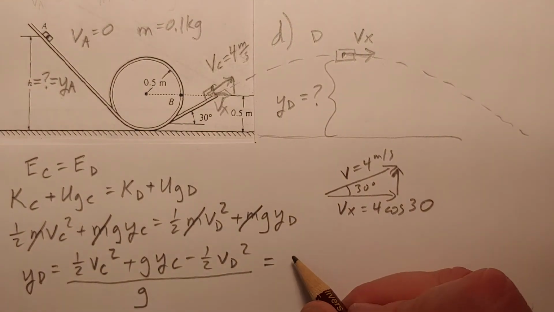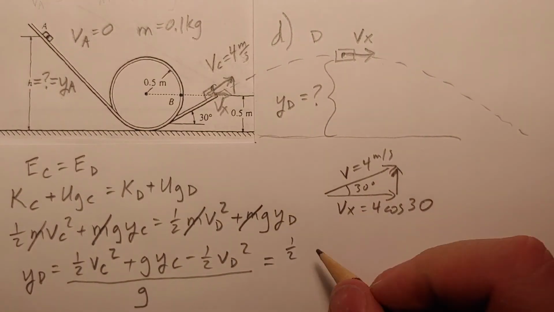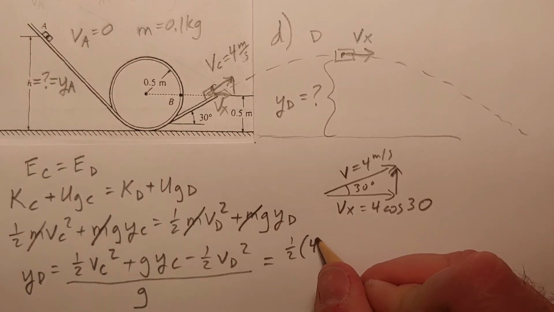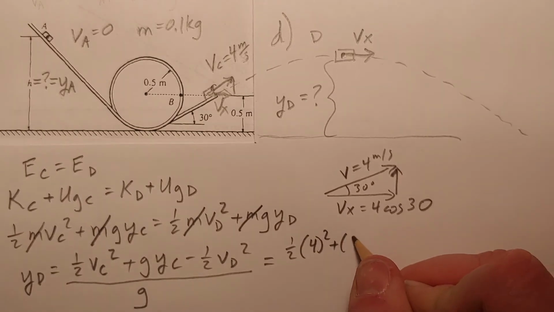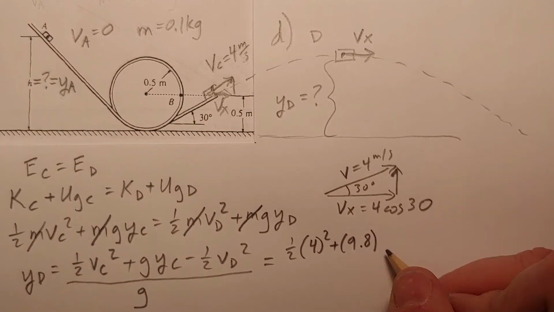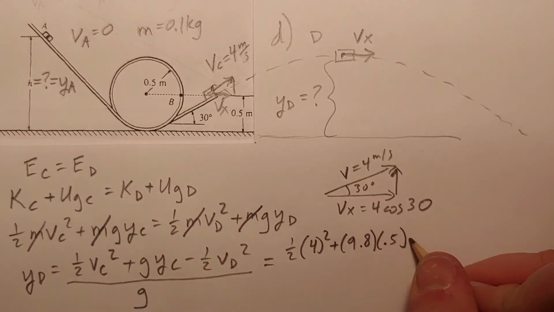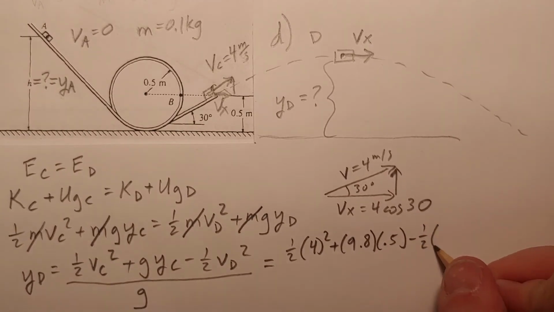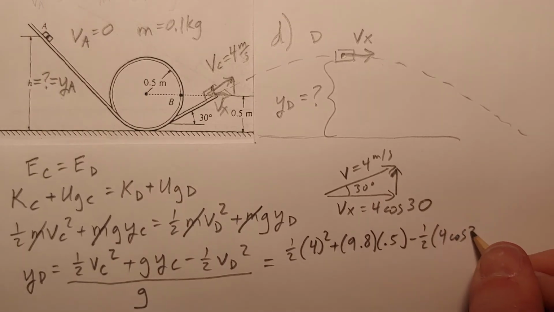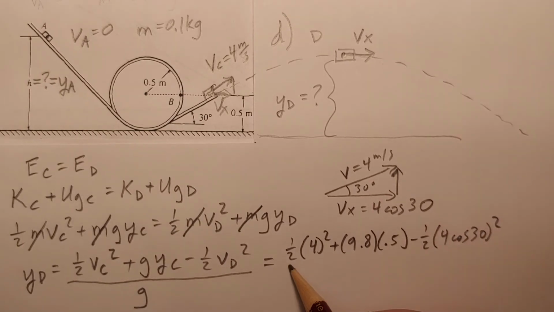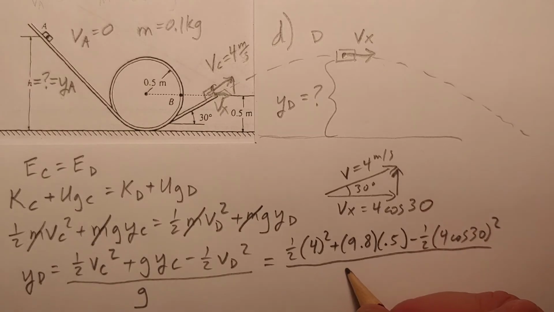And so we're going to have 1/2 times 4 squared plus 9.8 times 0.5 minus 1/2 times 4 cosine 30 squared, divided by 9.8.